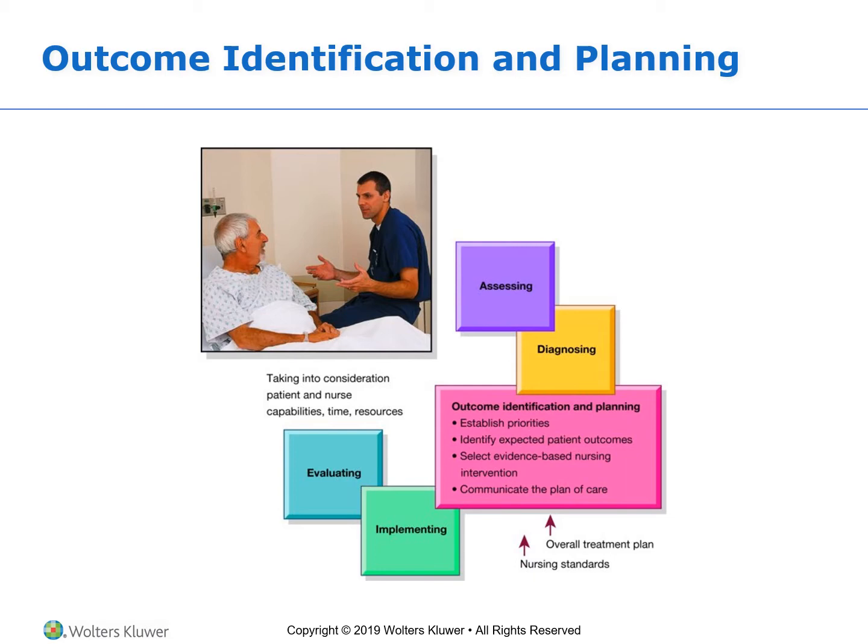So maybe you're working on a surgical unit and a post-op patient is complaining of incisional pain. So you're going to change your priorities up for a second to provide time for yourself to go and figure out what's going on with the patient, assess the patient, determine what nursing measures you need to put in place to help reduce this patient's discomfort. So right there, you have formed a plan.